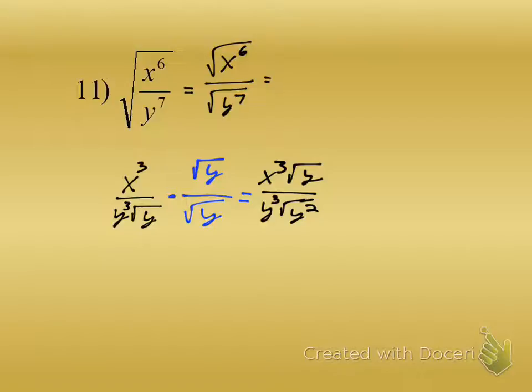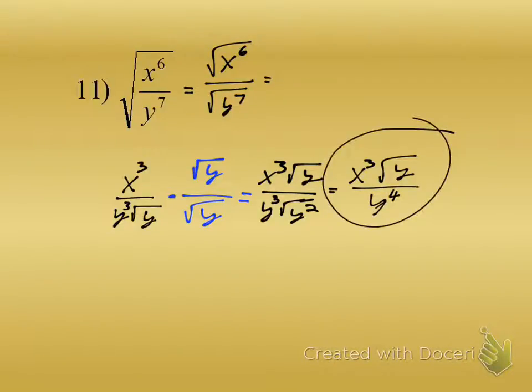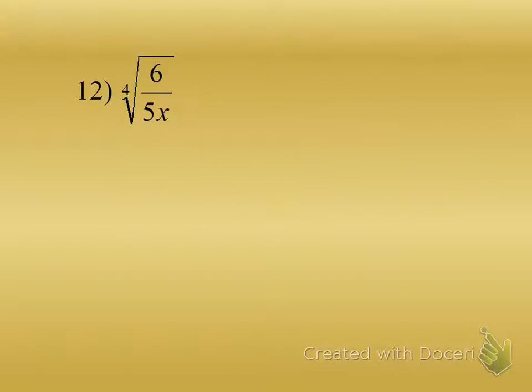The square root of y squared is y. y times y cubed gives you y to the fourth. So you have x cubed square root of y over y to the fourth. You're simplifying, not solving, so there are no solutions.